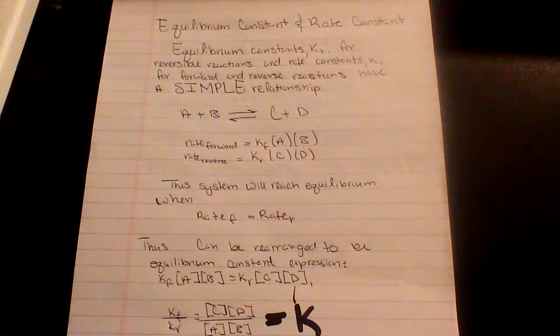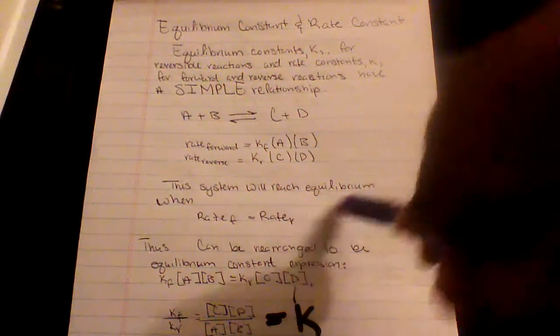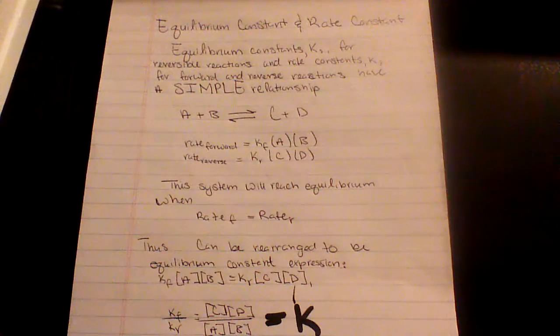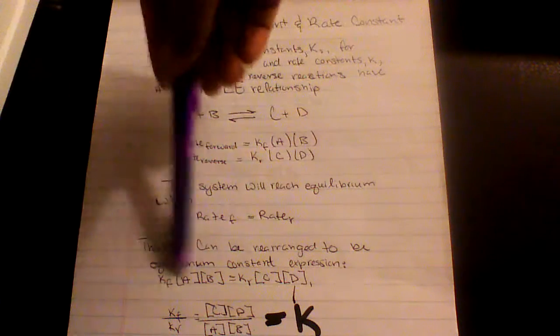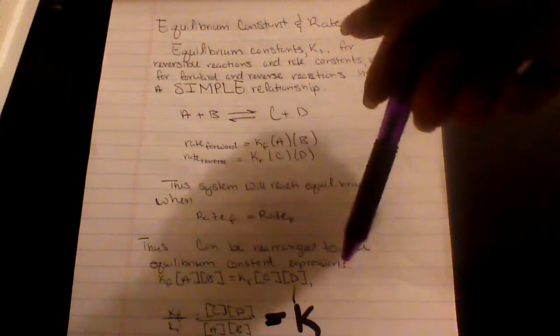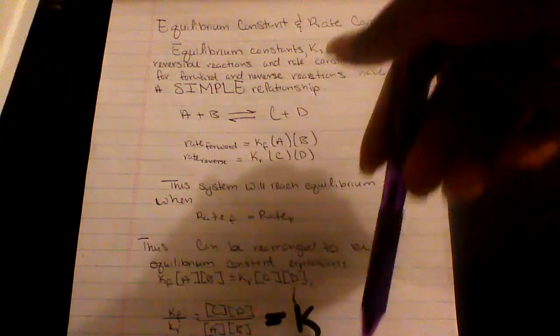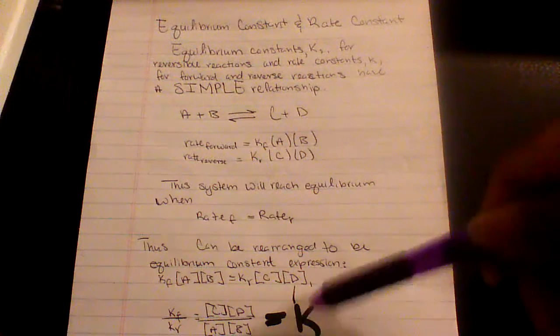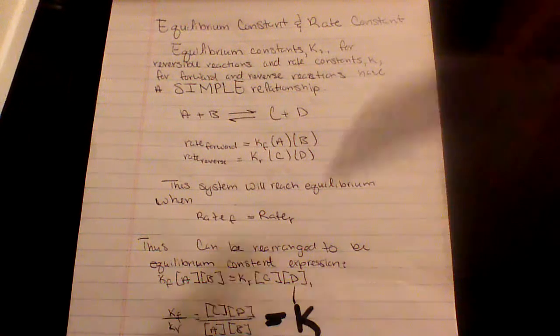So it's easily saying that the system will reach equilibrium when the rate of the forward is equal to the rate of the reverse. If you were to rearrange the rate law for forward and reverse reactions, you will get the law of mass action that will equal K for equilibrium.